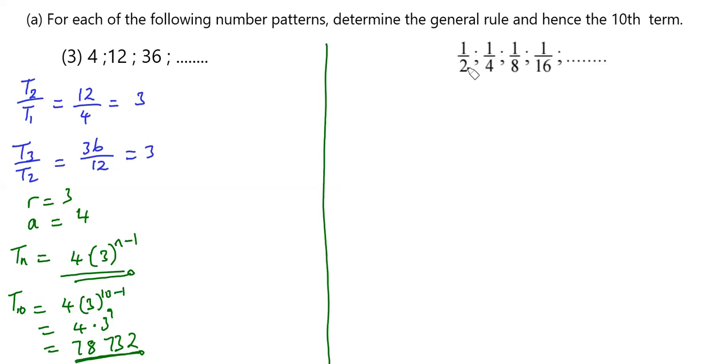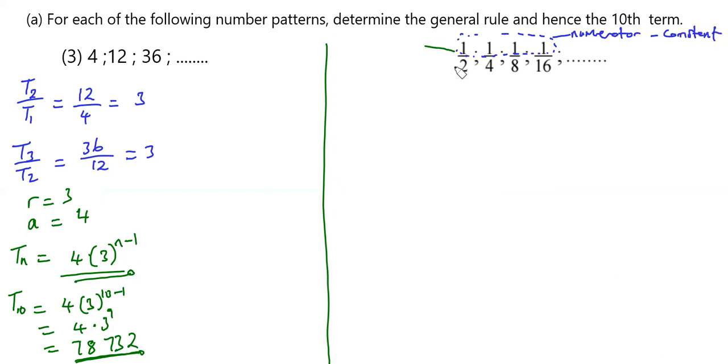We have got 1 over 2, 1 over 4, 1 over 8, 1 over 16. Now, remember what I taught you, treat them separately. So what do we have at the numerator? The numerator is constant, so we don't need to worry about it.